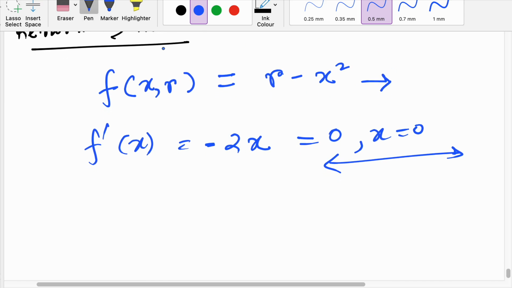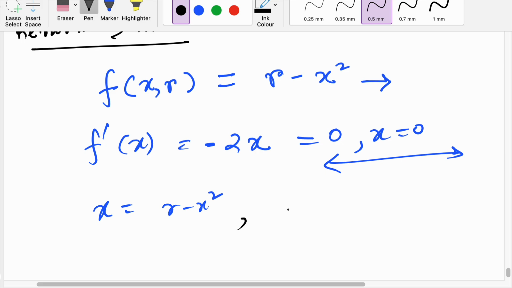Now what will be r0, the creation of the first superstable orbit? That will be when x = r - x^2.